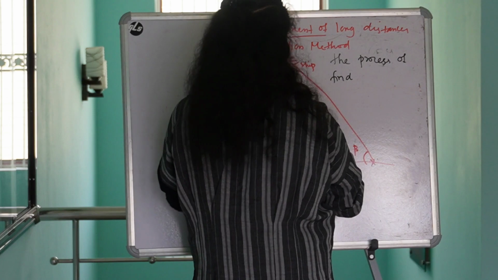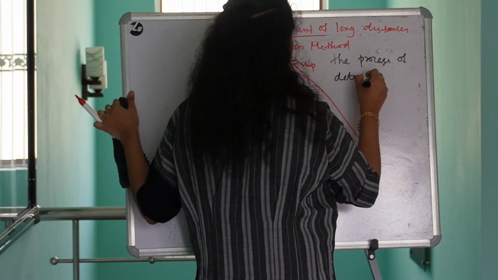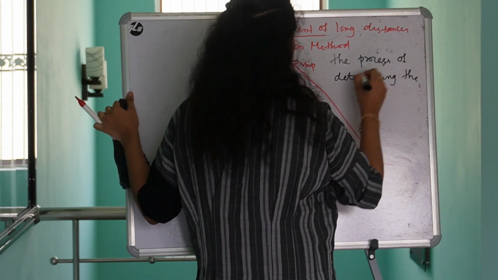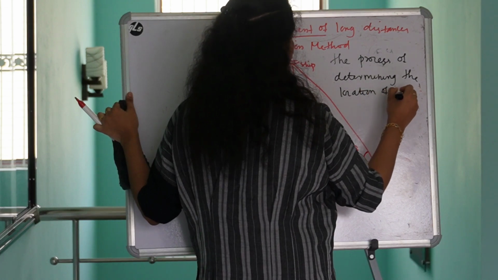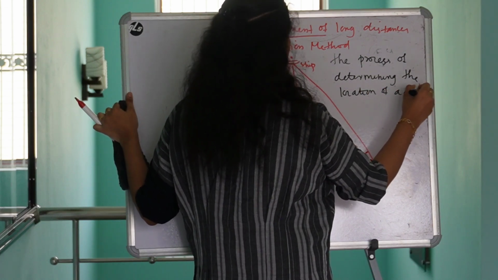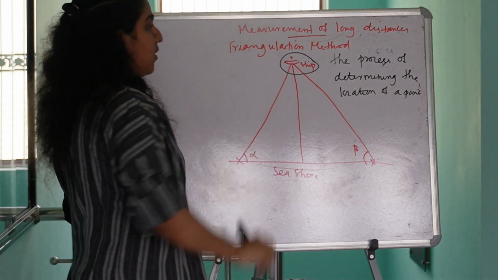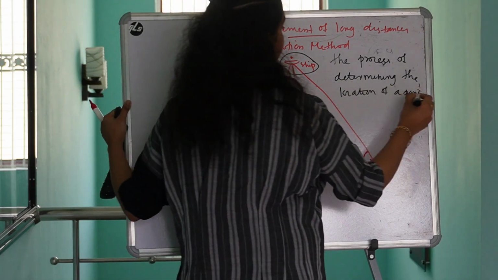So here in this example, the location of the point is the ship, isn't it? Yes, the location of the ship or the distance to the ship from the seashore.